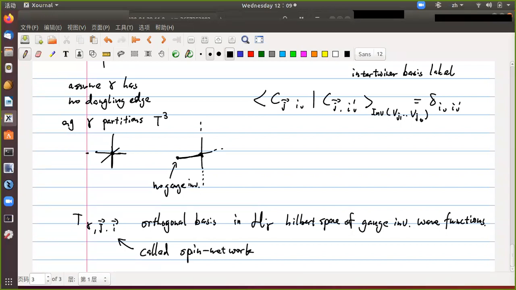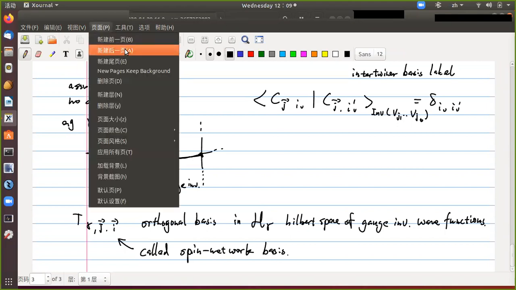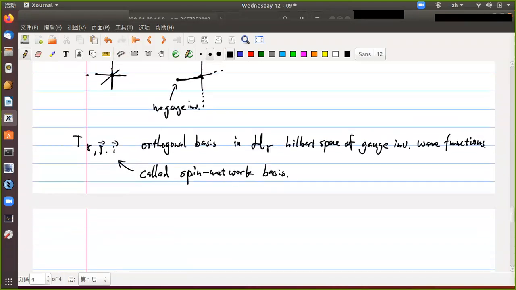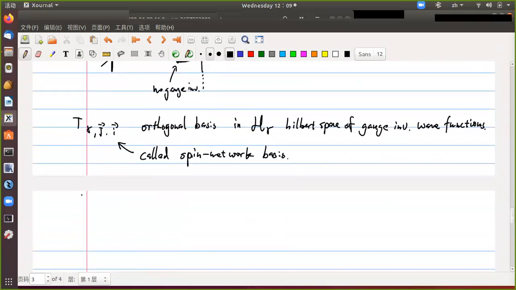Why is it called spin network? Before that, there is a simple homework to help you get familiar with this wave function. Homework: prove that they are orthogonal.